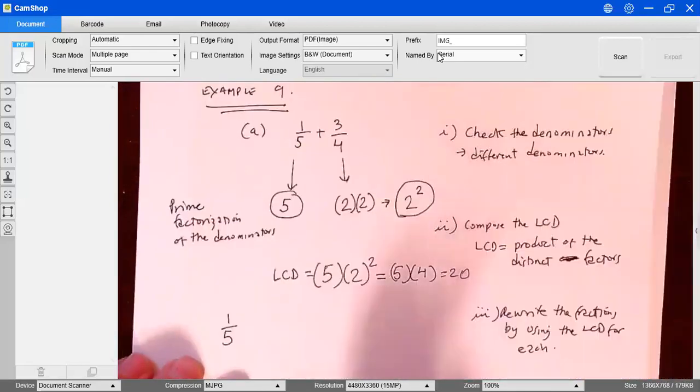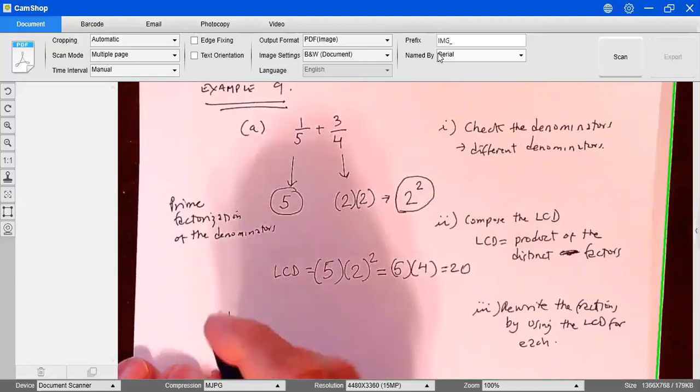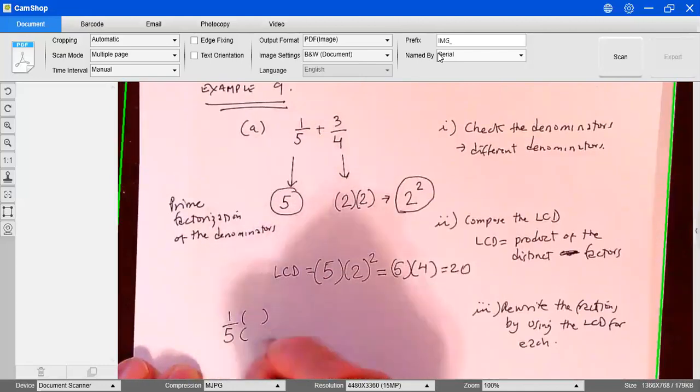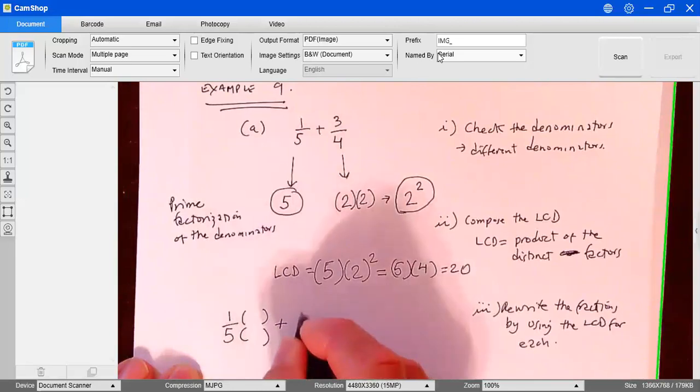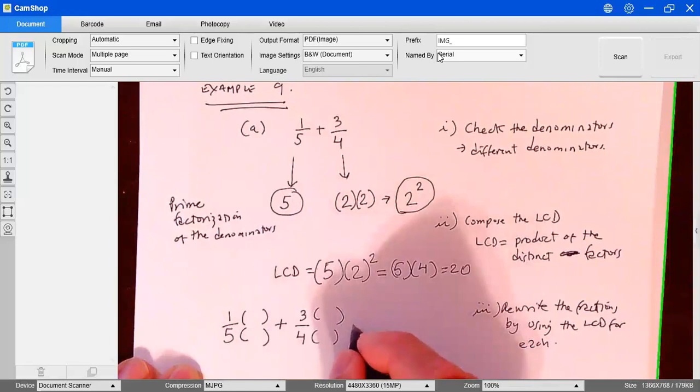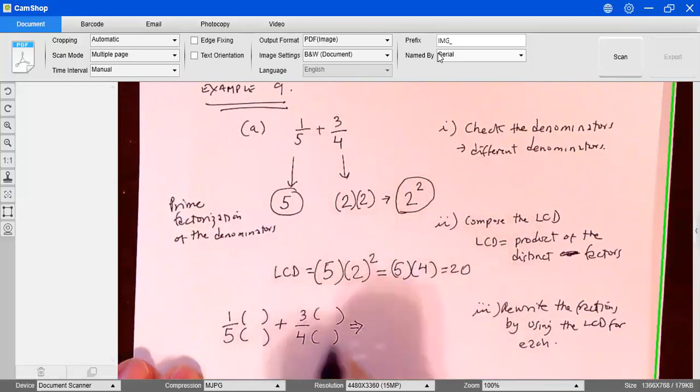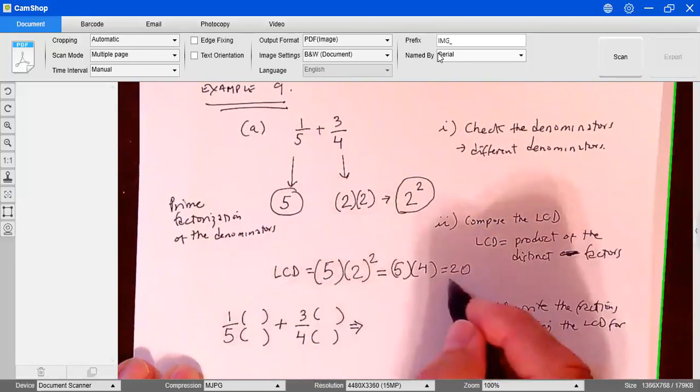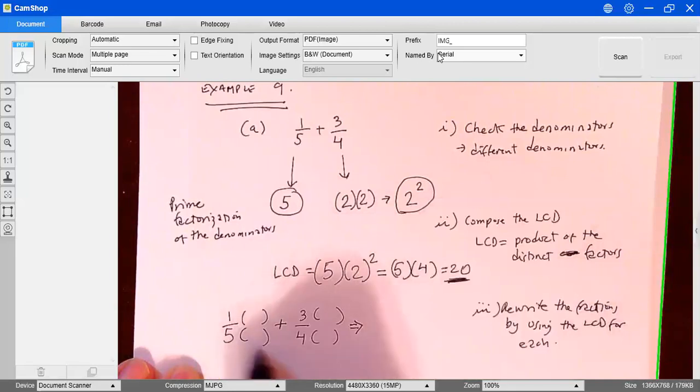So we're going to rewrite this fraction. 1 over 5 is going to be multiplied by something, plus 3 over 4 is going to be multiplied by something, and in that way we're going to get the least common denominator for every fraction. So I need 20 here. So what is the factor?